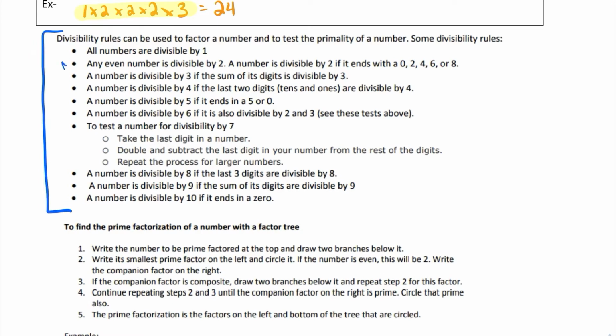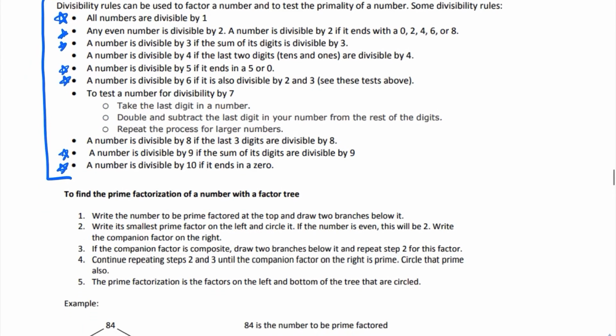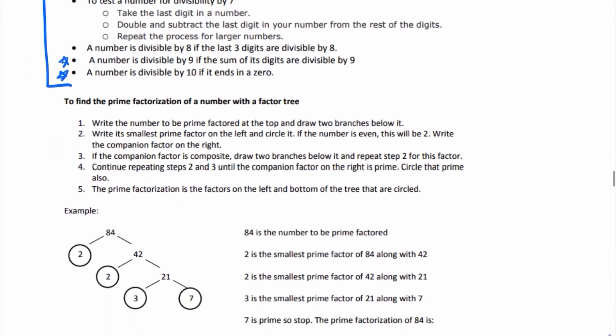But we've talked about 2, 3, 5, 6, 9, and 10, right? I mean, also technically 1 as well. So those are the ones that you really need to remember. The other ones, not so much, but it could help you a little later.